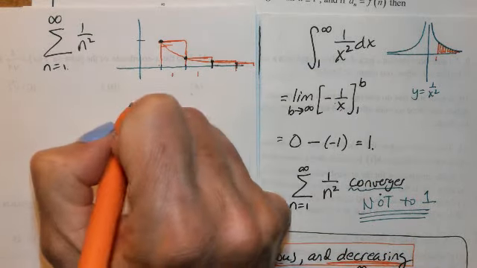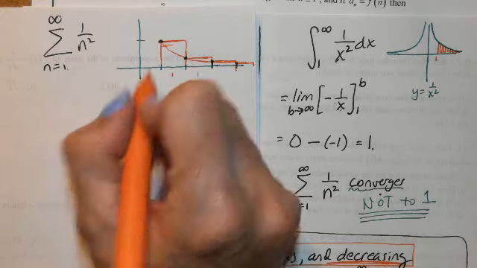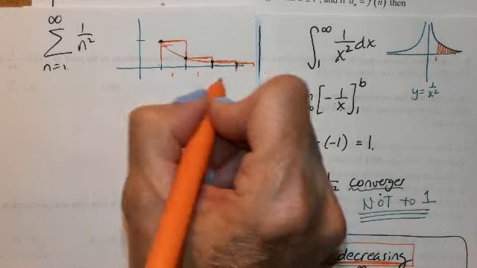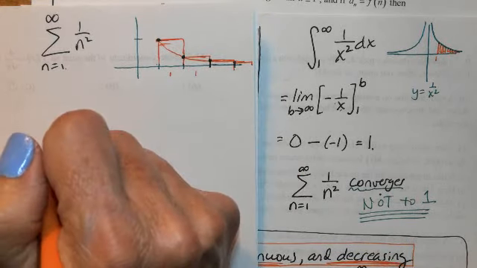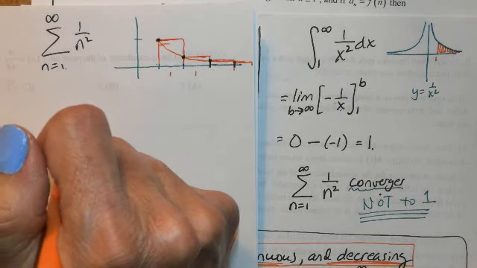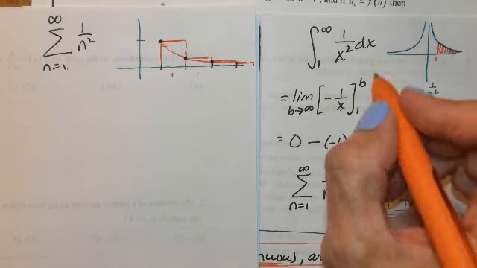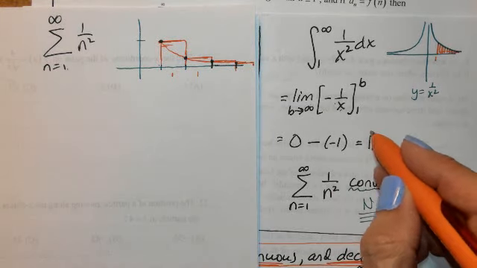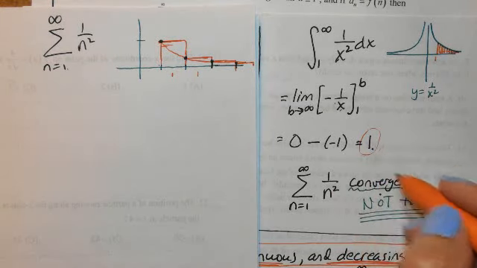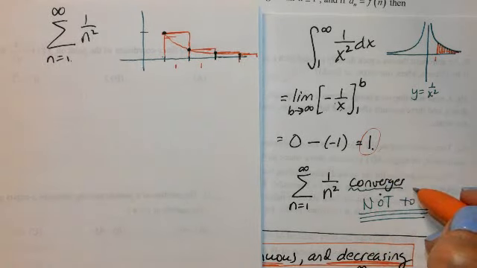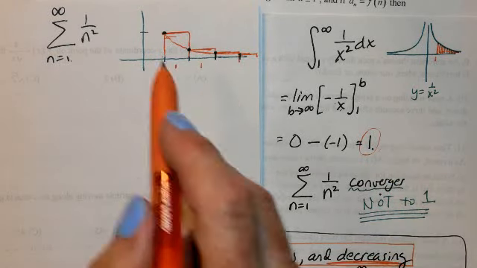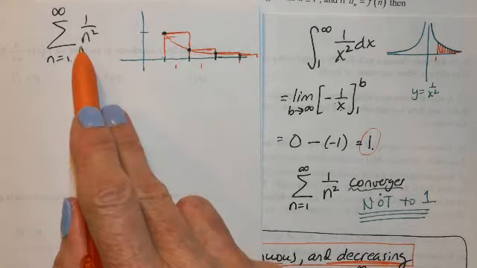And we know a left Riemann sum on a decreasing function will yield an overestimate, right? So this 1 here is going to be less than my actual sum.